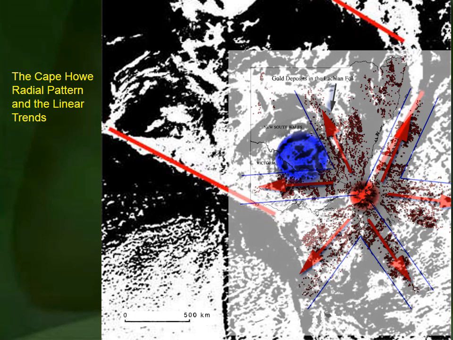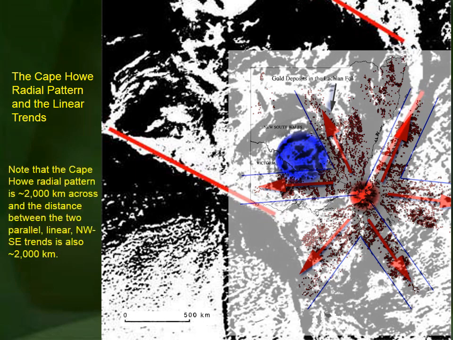The Cape Howe radial pattern and the linear trends. Note that the Cape Howe radial pattern is approximately 2,000 kilometers across, and the distance between the two parallel linear northwest-southeast trends is also approximately 2,000 kilometers.